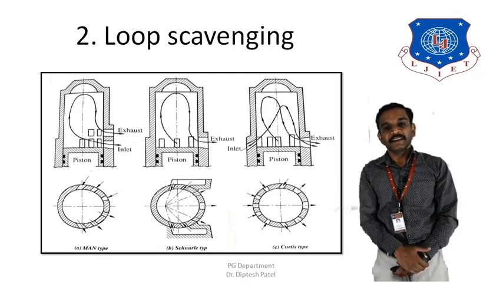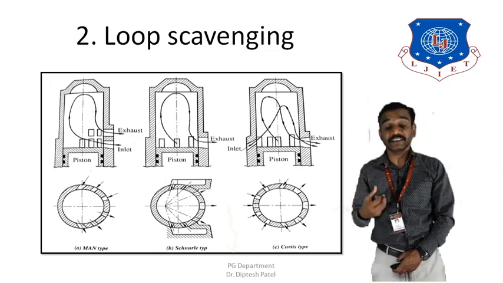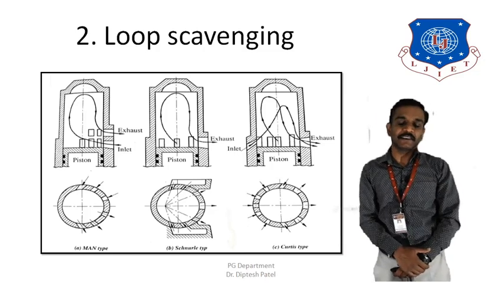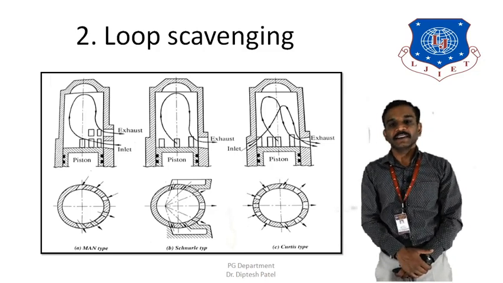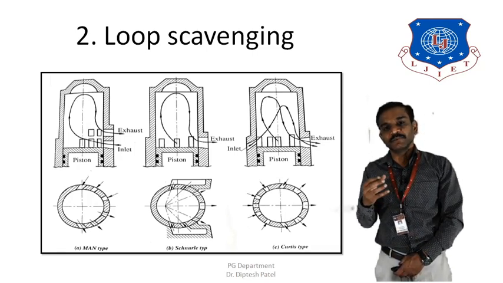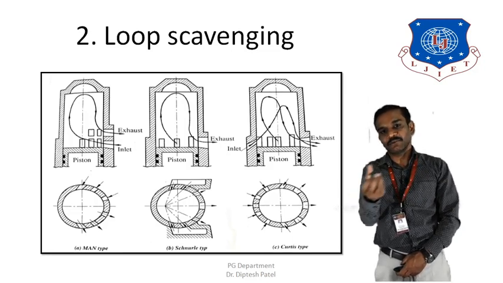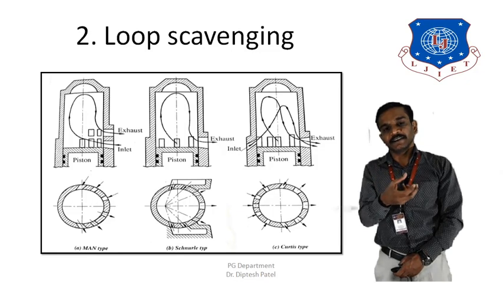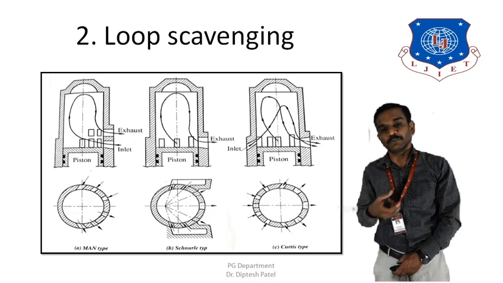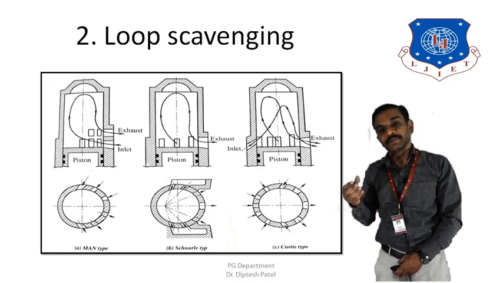And basically, in here we have different types of swirls and tumbles taking place inside the engine cylinder, and the Curtis one is the most efficient scavenging process as compared to the others, in which the fresh charge would be allowed to enter from different sides, so the fresh charge would enter from almost half of the cylinder, while the remaining would go out from the remaining side.